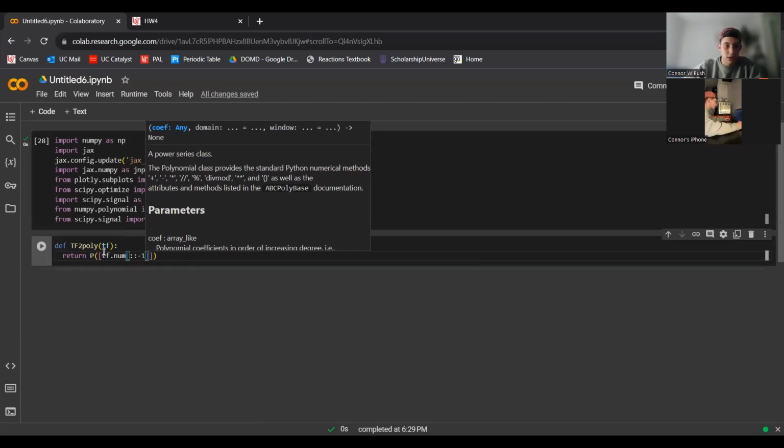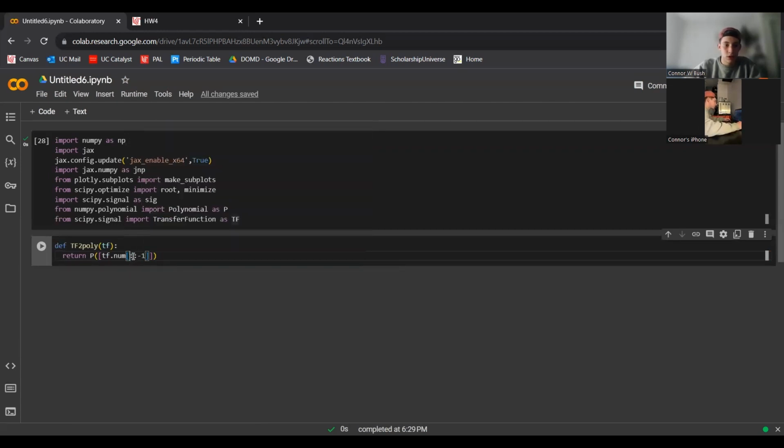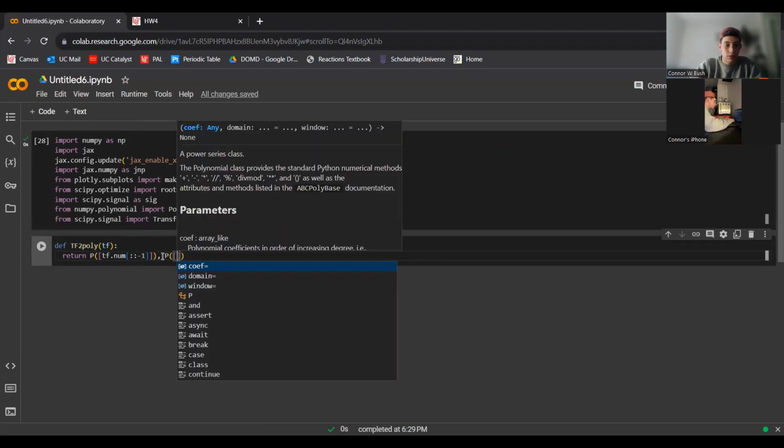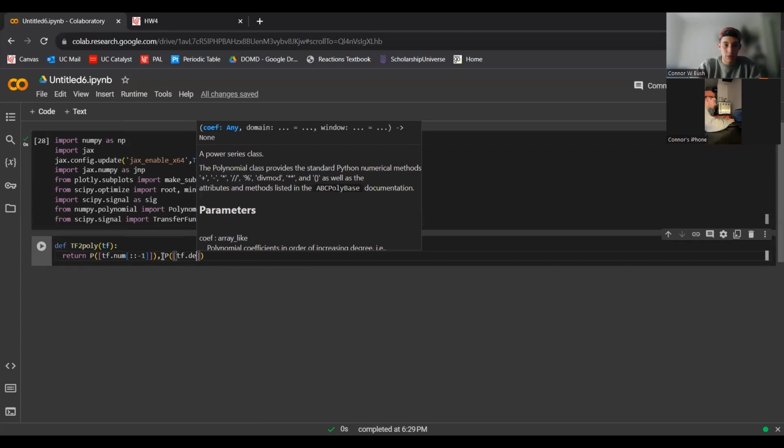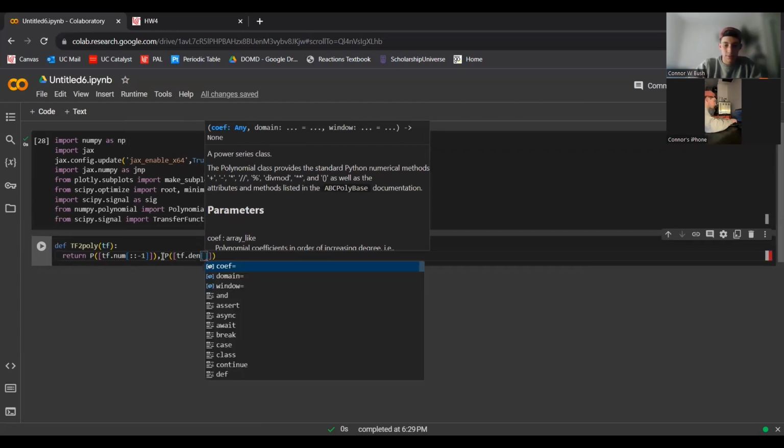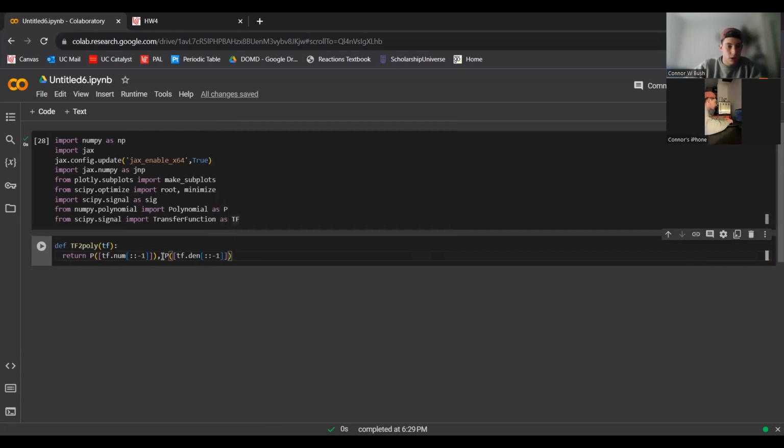So what that looks like is start, stop, and then the step. If we set that to -1, that reverses the order. So it gets the correct power is what we are looking for. And then obviously the denominator. Same thing here with the indexing. Need that backwards.